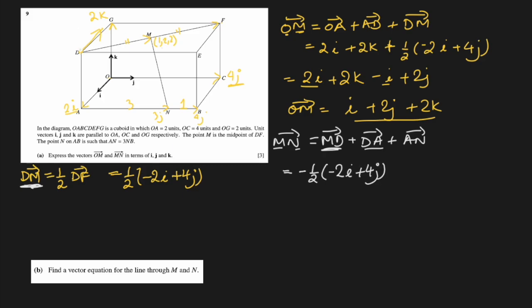DA is opposite to 2k, right? It is going down, not up, so minus 2k. And A to N is 3j, we have already discussed 3j.